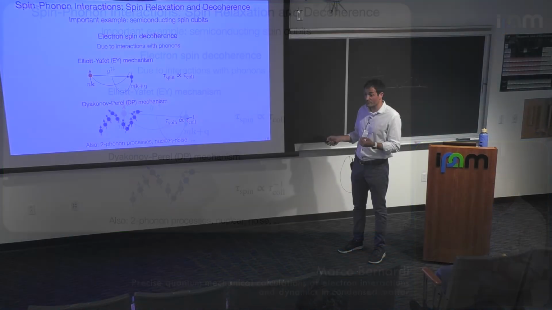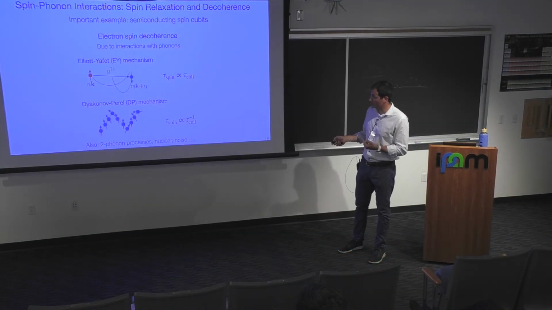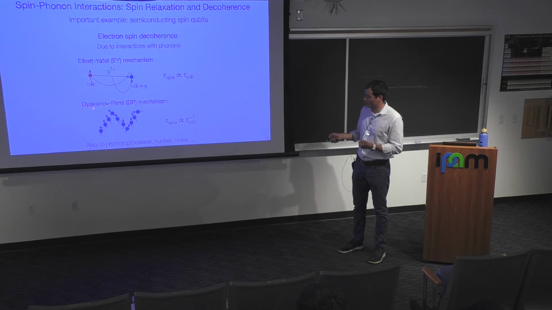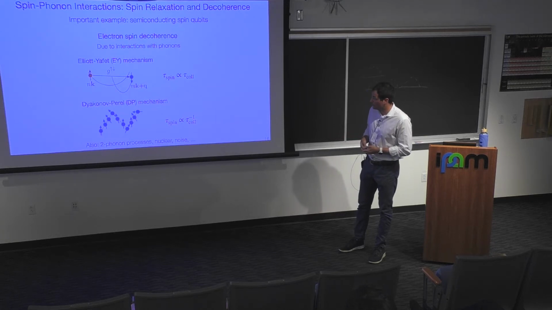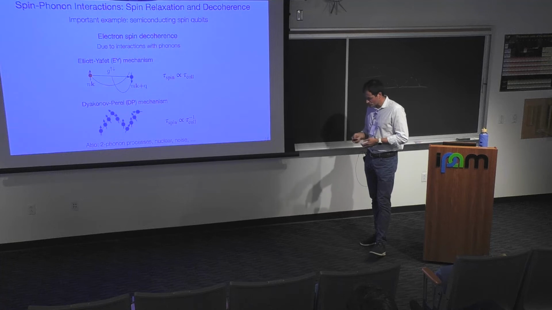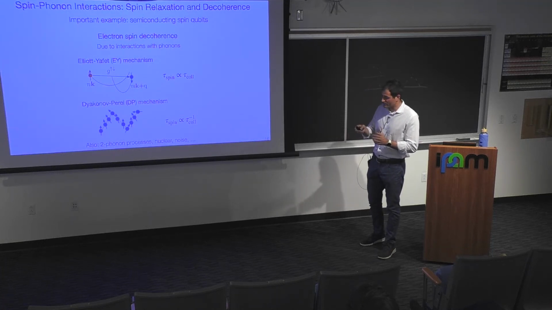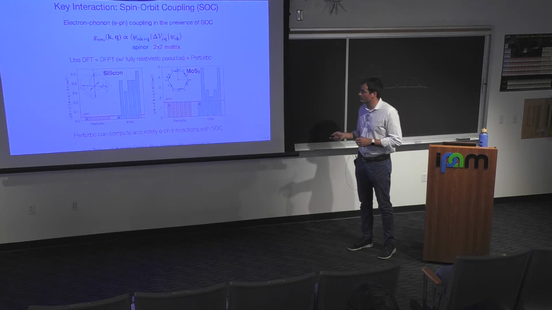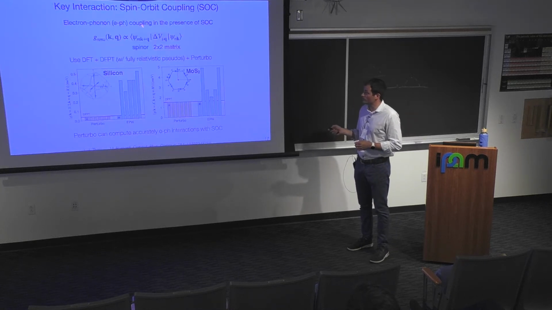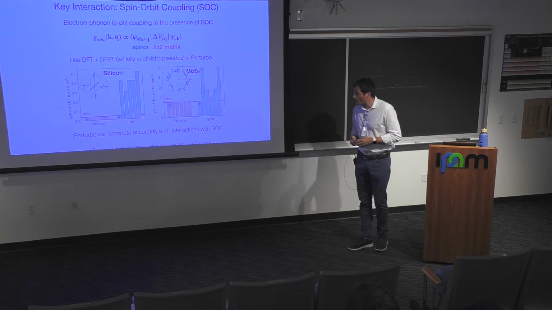The spin can also precess in the spin-orbit coupling field, and that is also a source of decoherence that is called the Dyakonov-Perel mechanism, where the spin relaxation time is now inversely proportional to the collision time. So these two mechanisms are typically studied with models, and they're studied separately. However, they both have the same source, which is the spin-orbit coupling inside the material.